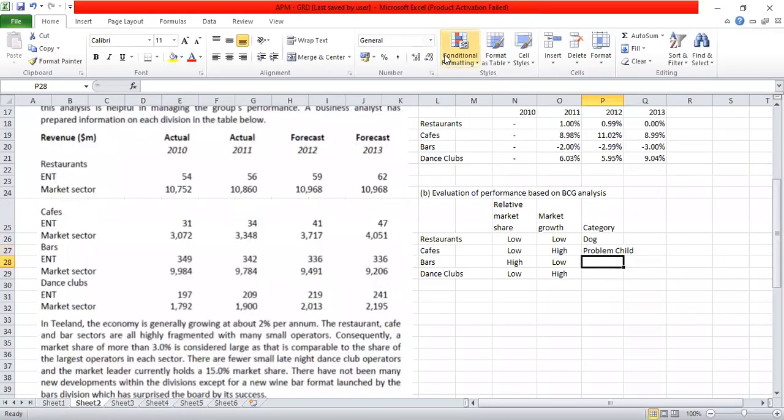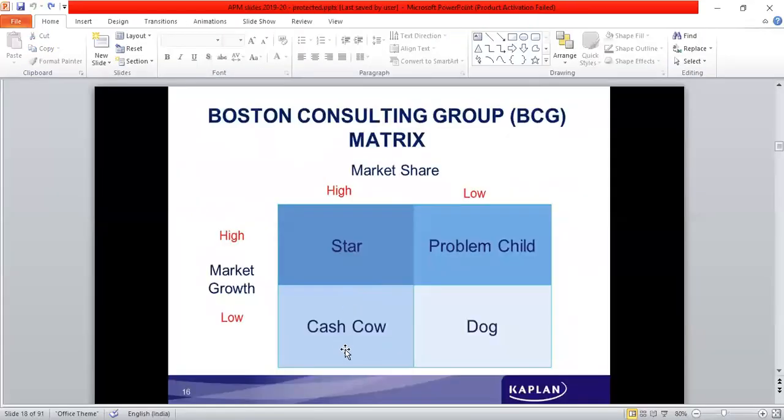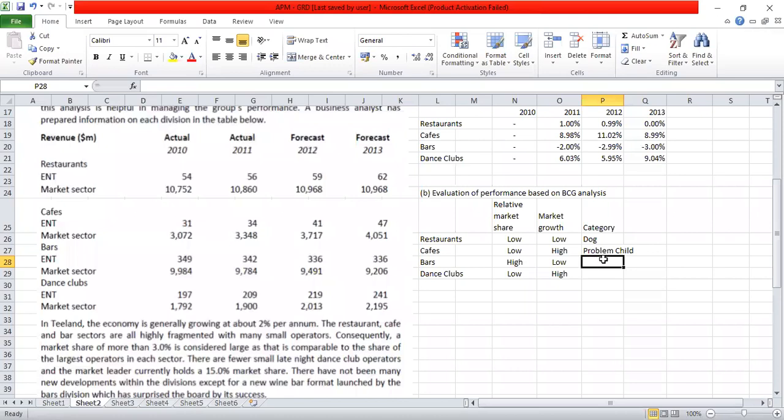If market share is high but market growth is low, it is called a cash cow. Market share low, market growth high, is a problem child.